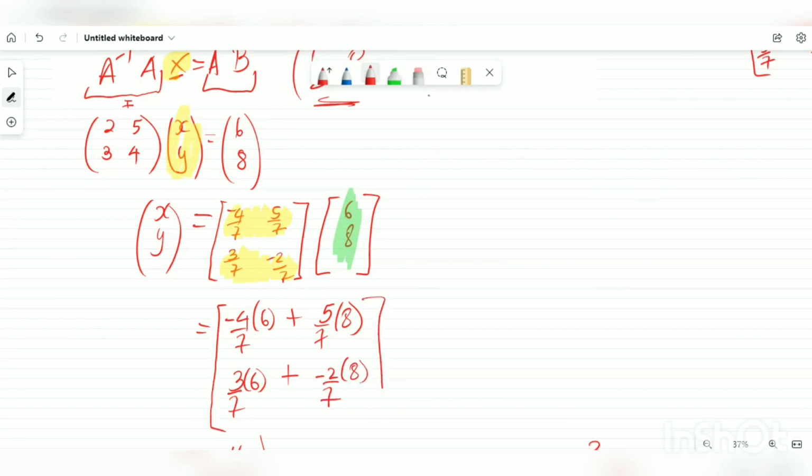Let's break this down further. So what are we looking at? We're looking at -24 plus 40 over 7, and then 18 minus 16 over 7.